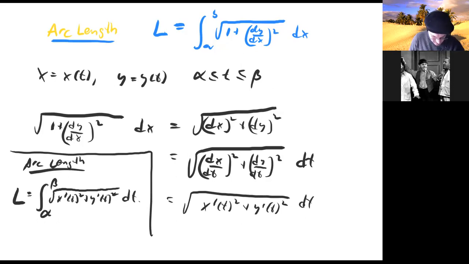So that's the arc length formula. We're going to use that now to compute the circumference of a circle, and that'll be our last example for today. And then next time I'll continue talking about surface area for parametric curves, when we do a surface of revolution.